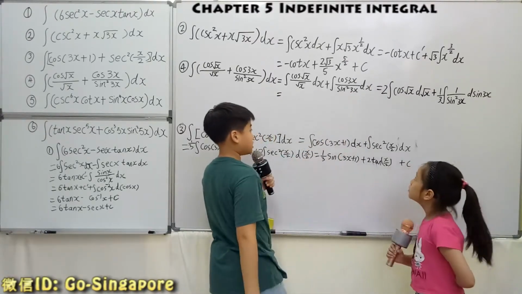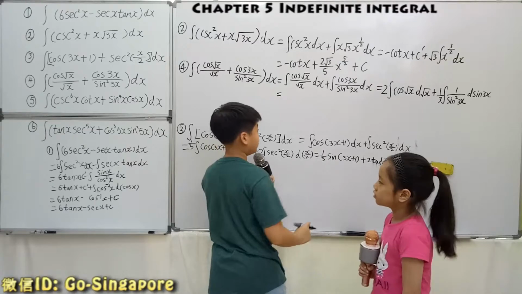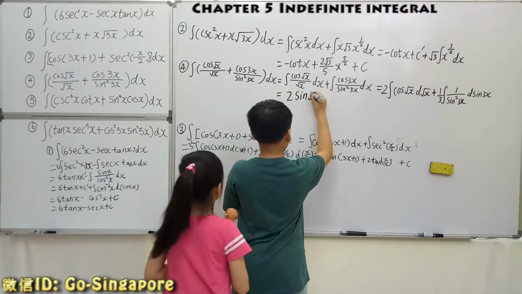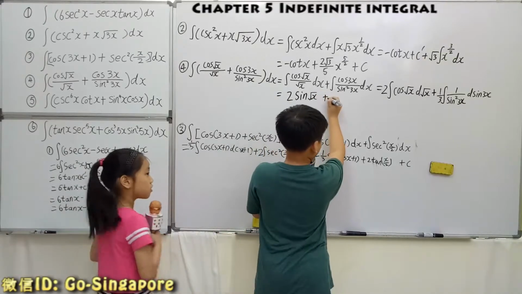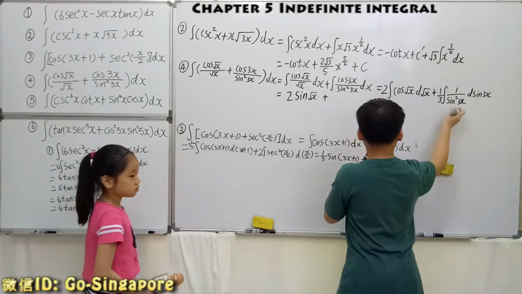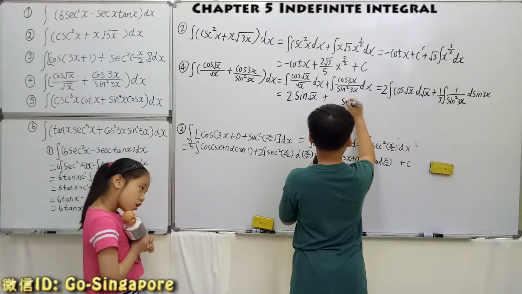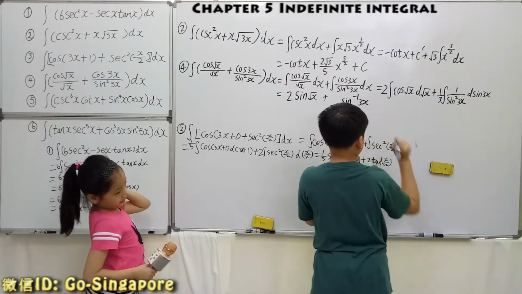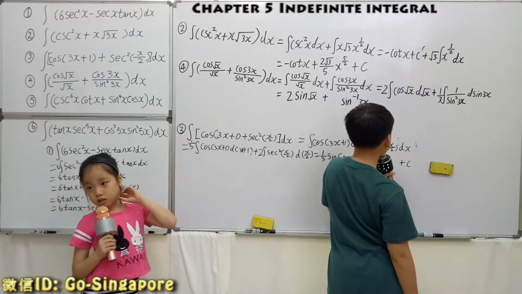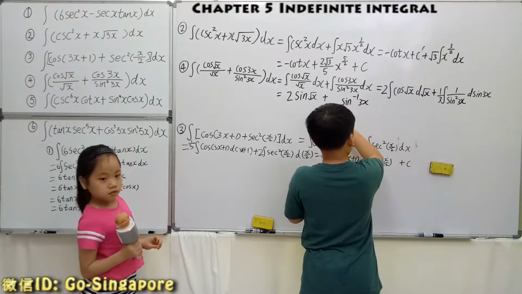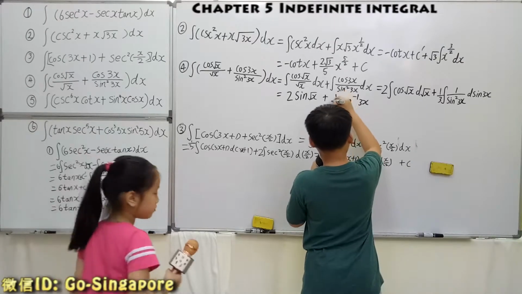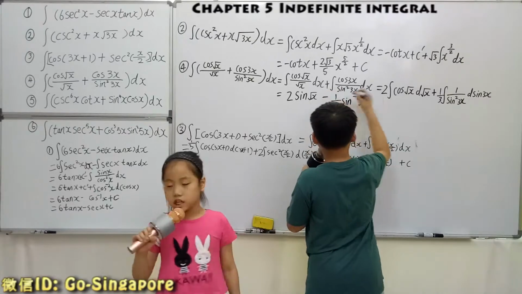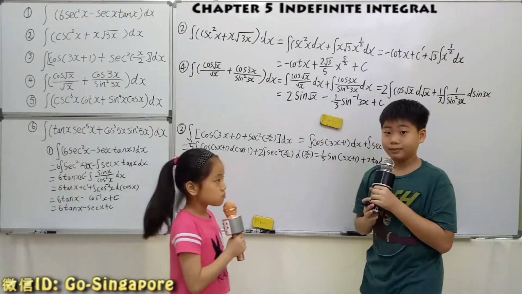So for this, cosine square root x comes from a sine, so there's a 2 sine square root x. Then your plus. This comes from the sine to the power of negative 1, and here's a 3x, right? Okay. And then here, 1 over 3, and here is a negative, right? Yes. Then here plus the arbitrary constant.